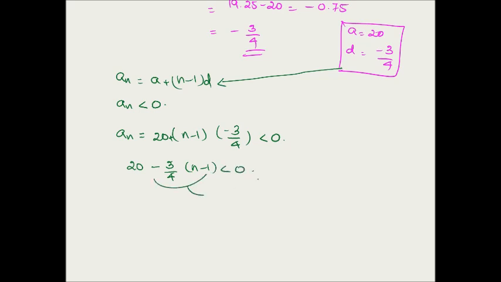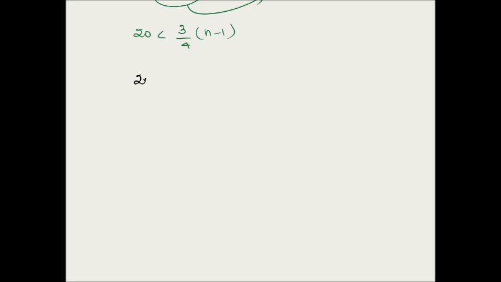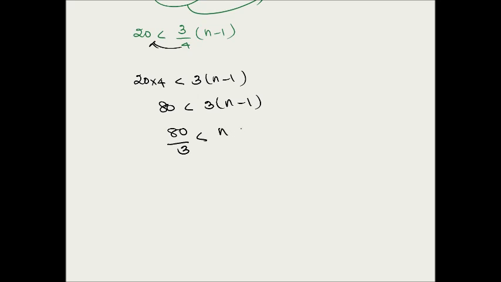We'll move this to the other side. That is, 20 is less than 3/4 into n minus 1. This 4 will go here: 20 into 4 is less than 3 into n minus 1. That is, 80 is less than 3 into n minus 1. 80 divided by 3 is less than n minus 1.